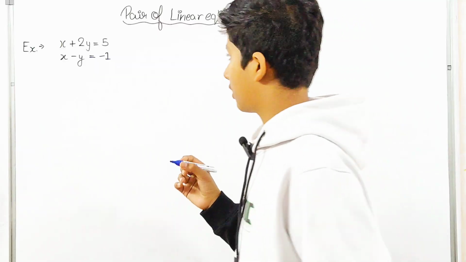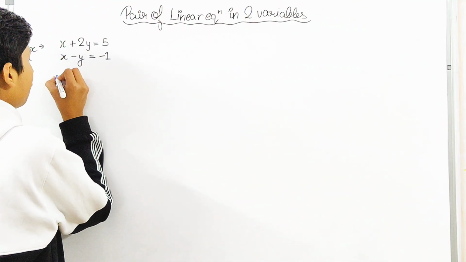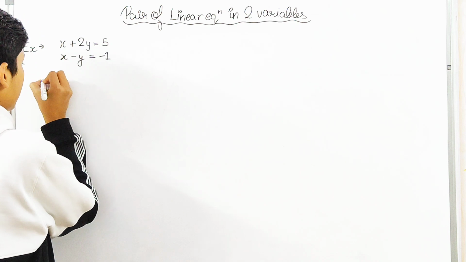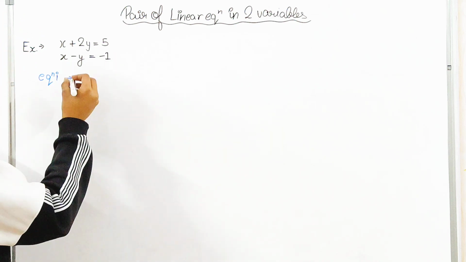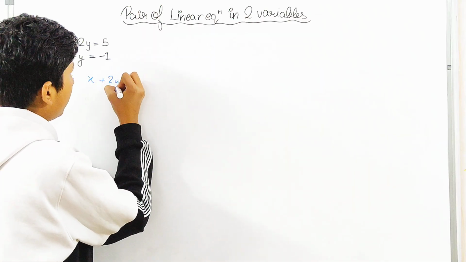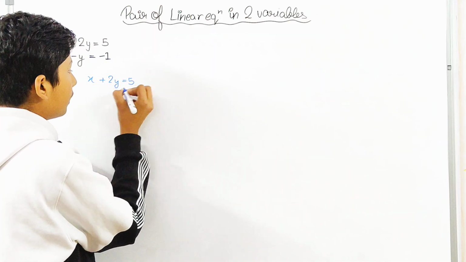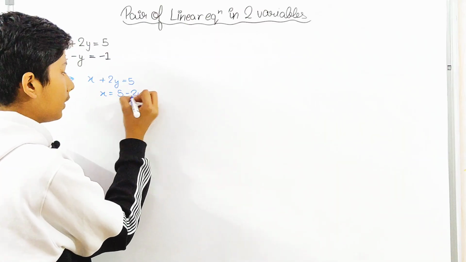Okay, that's obvious. Now, what do we do? In the first equation, x plus 2y equals 5. So x will be 5 minus 2y.